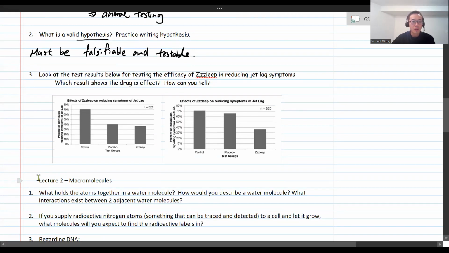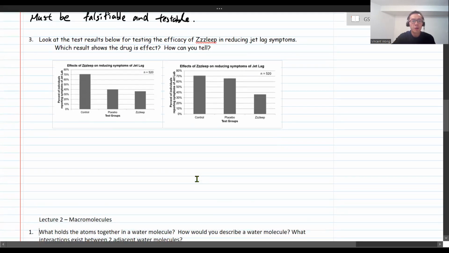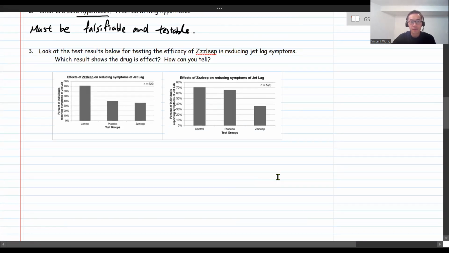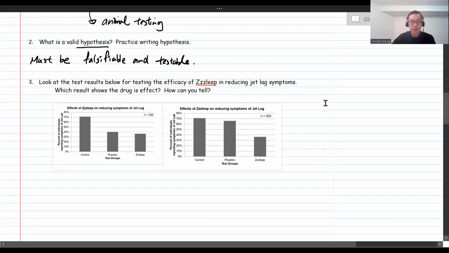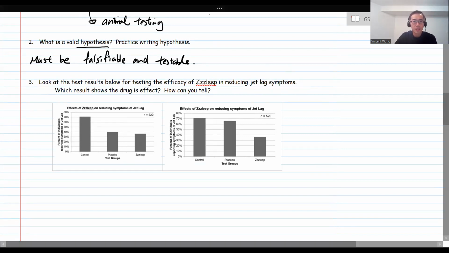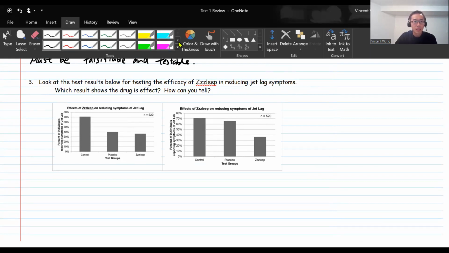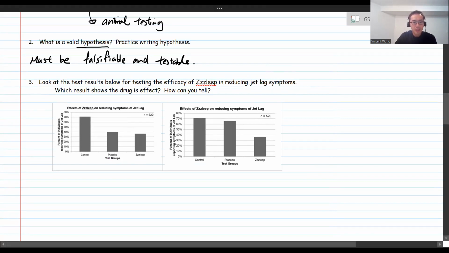Okay, look at the test results below for testing the efficacy of the drug for reducing jet lag symptoms. What's important to notice here is that the placebo and the drug both work equally well. That tells you it's not the drug that's reducing the jet lag symptoms, right? It's just psychological effects.